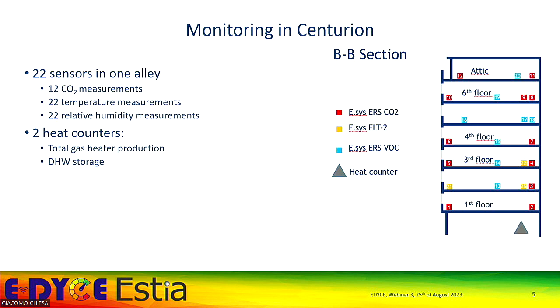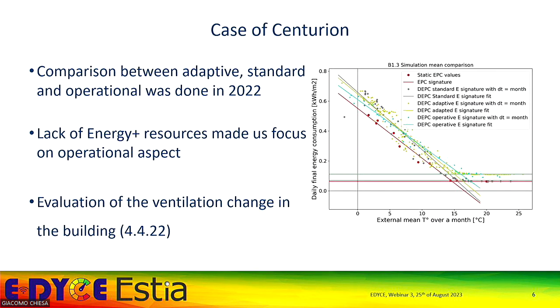When we looked at the difference between the simulated and the operational data, we obtained this energy signature that is pretty dense. But what I wanted to outline here is that the operative measurements that you see in blue are in accordance, let's say, with the adapted condition that we were trying to calibrate with the actual building.